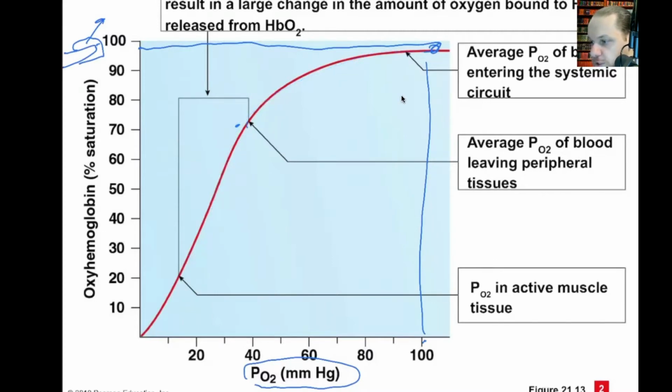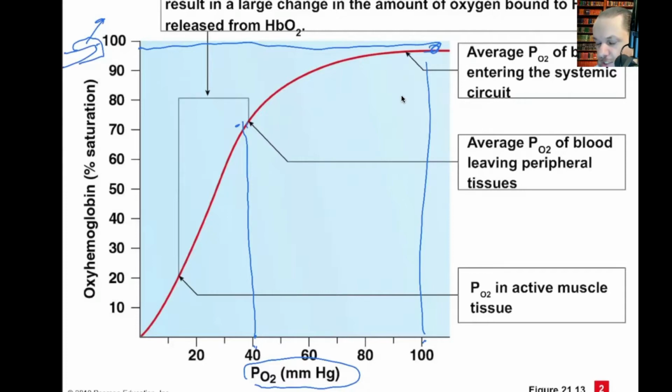So what is occurring here? At the tissue level, at about 40, the tissues extract that oxygen. And as I said, the way hemoglobin works, if I'm taking 1 out of the 4 units, then the remainder is more easily given off.